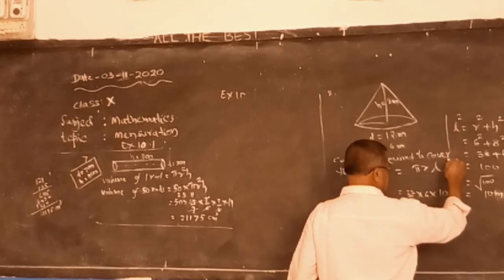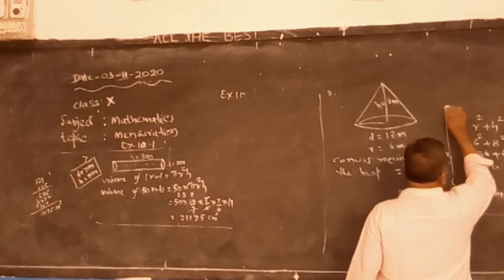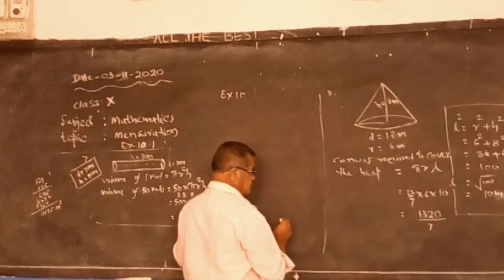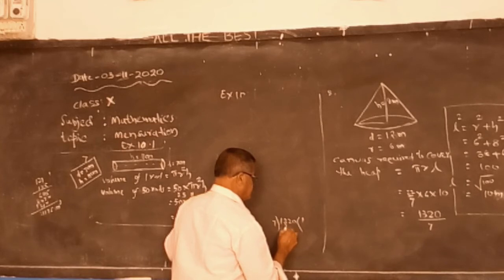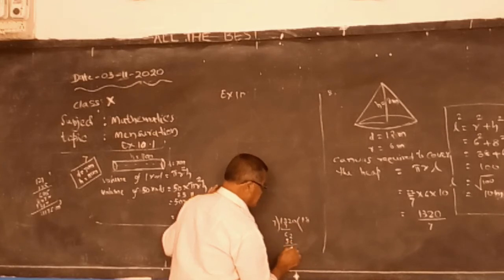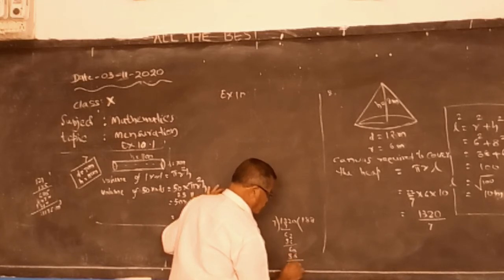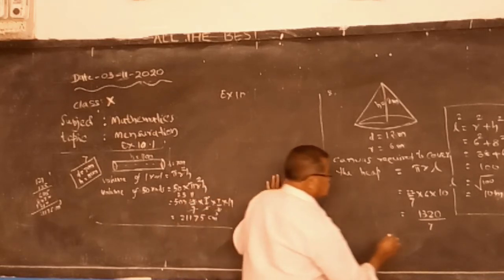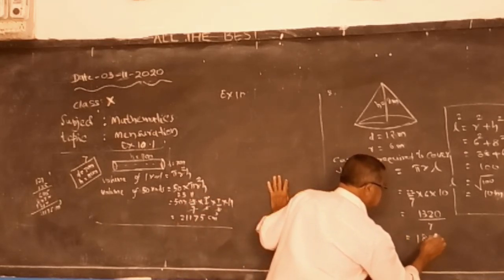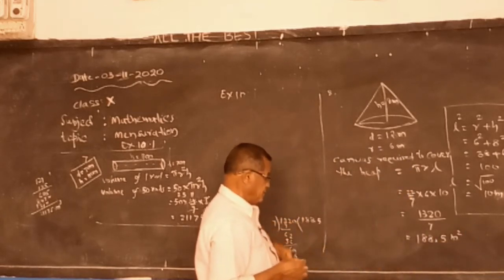So nearly 188.5 square meters of canvas is required.